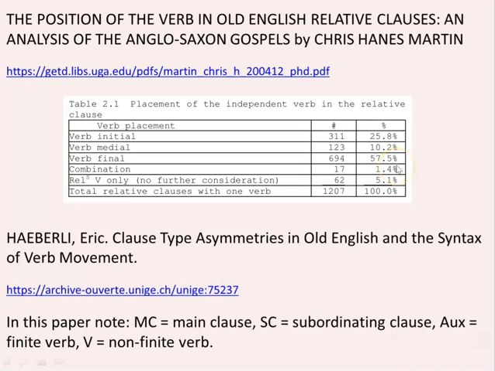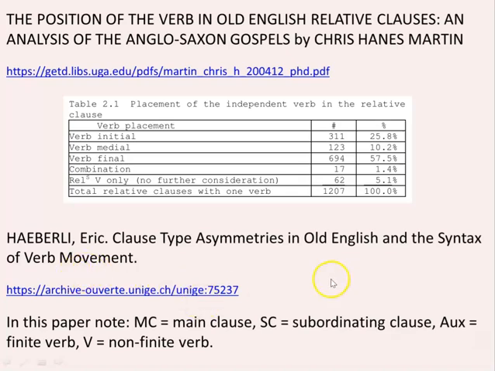So it's over half, but you've still got about 38% where the verb is not at the end, or verbs are not at the end, according to this study. Now, he's written a PhD here and analysed these things, but this particular table I pulled out refers only to relative clauses, and not to all subordinating clauses.